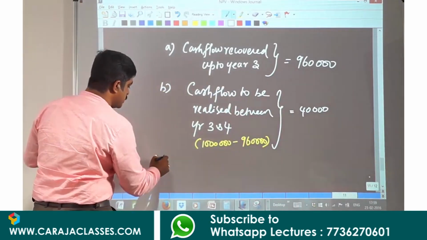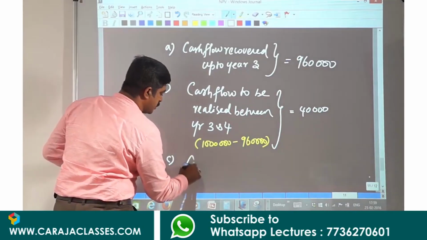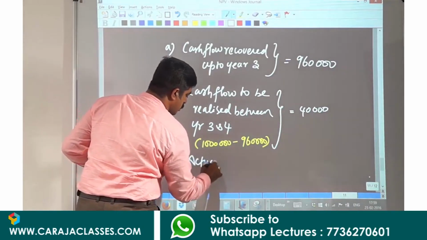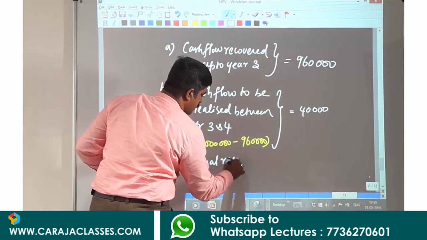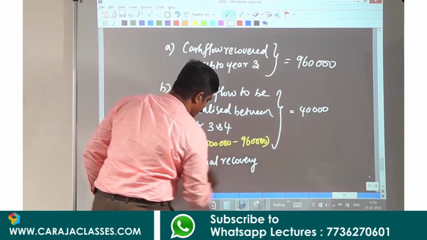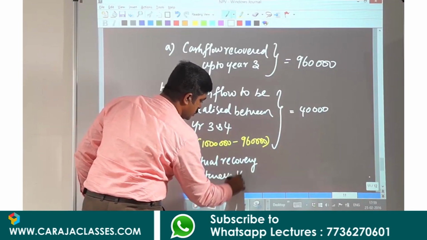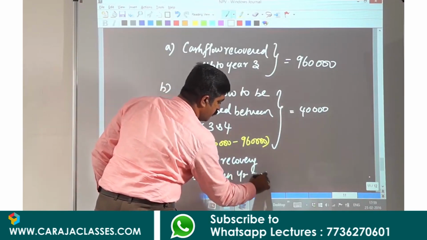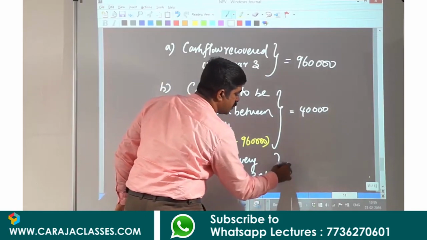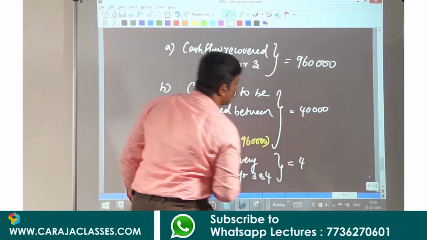Now let us write what is the actual recovery between year 3 and 4. What is the actual recovery between year 3 and 4? It is not 40,000.